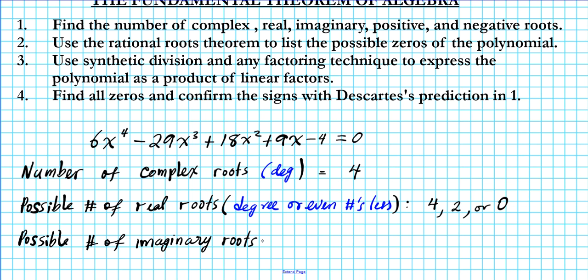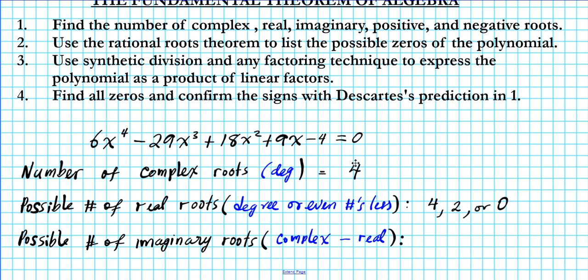So possible number of imaginary roots can be done by carrying out a simple arithmetic calculation. So all we simply do is look at the complex roots minus the real. The complex roots that are not real are imaginary.